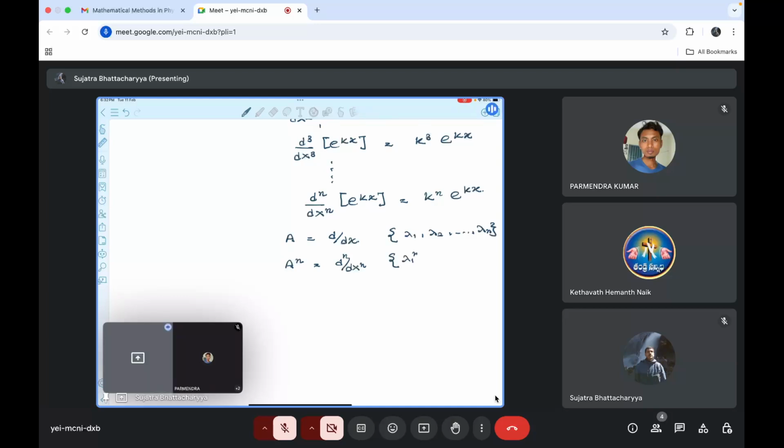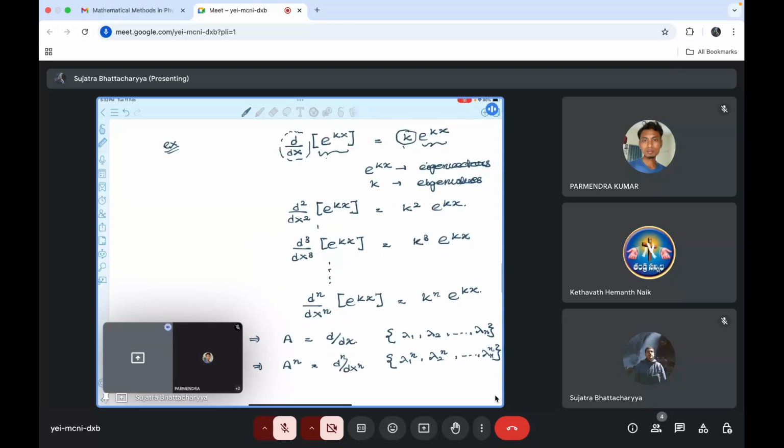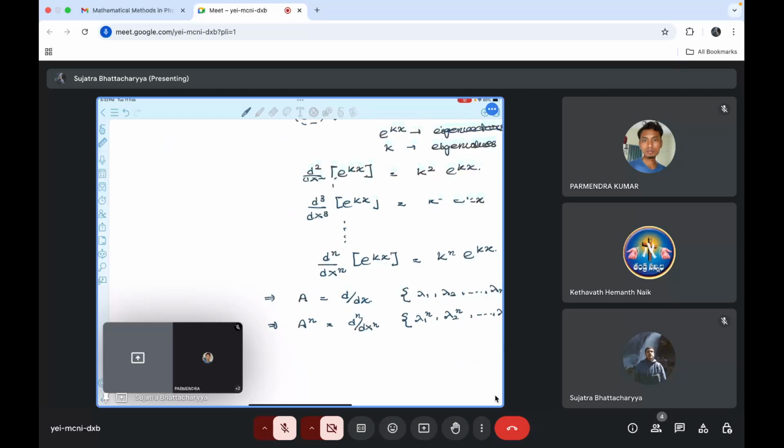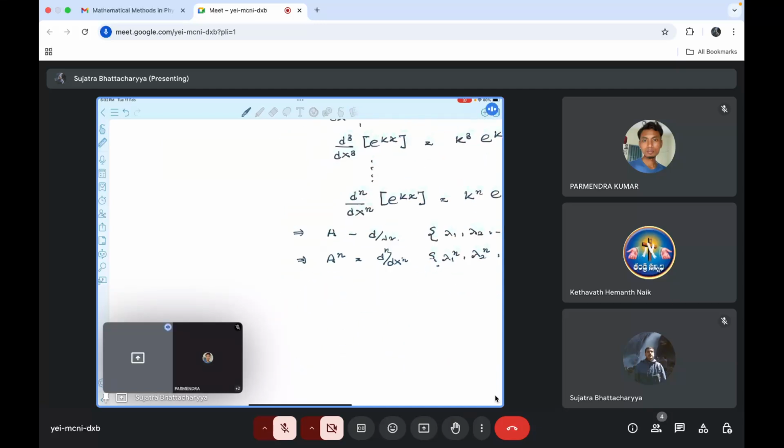It will be lambda 1 to the power n, lambda 2 to the power n, and so on up to lambda n to the power n. So this is what is special about this particular example, where you have this kind of a differential operator and e to the power kx. This is the example of how you can understand that the operator is being operated on a particular vector or a function.